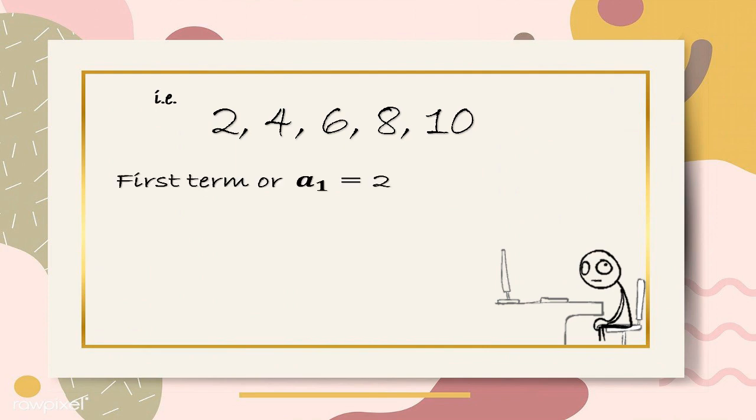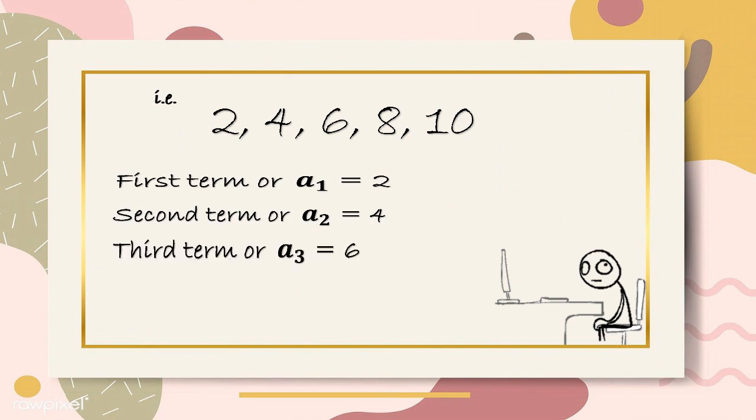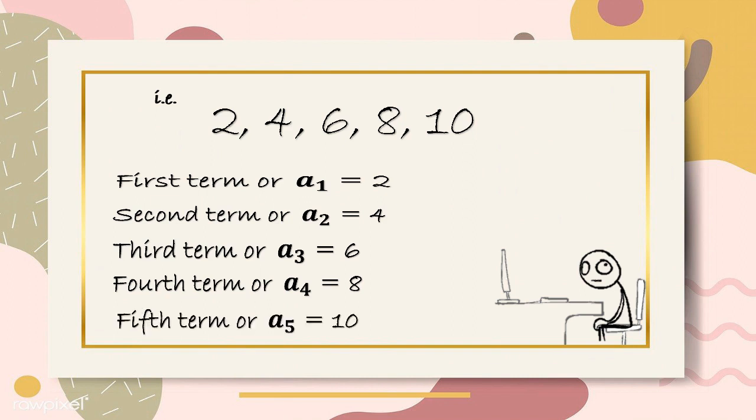The first term, or A sub 1, is 2. A sub 2, or the second term, is 4. A sub 3, or the third term, is 6. A sub 4, or the fourth term, is 8. And A sub 5, or the fifth term, is 10.